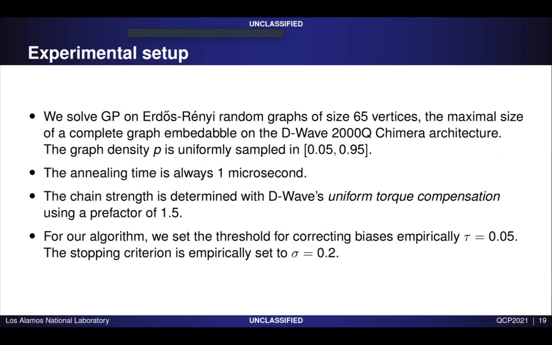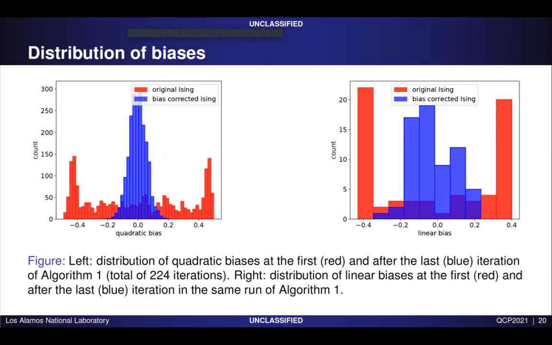We also determine the chain strength using the uniform torque compensation function, which is part of the D-Wave Ocean SDK. And for the bias correction algorithm, we set our threshold for correction parameter tau to be 0.05, and we set our threshold parameter sigma to be 0.2.